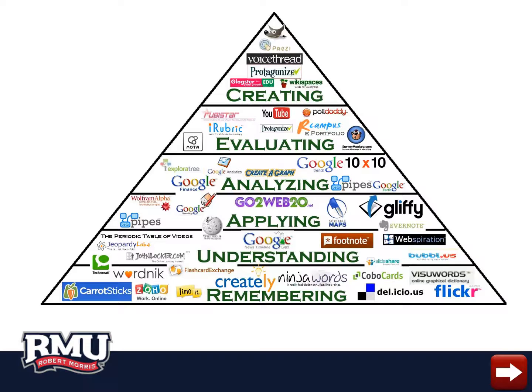We then move to understanding, where we have Webspiration, we have Jeopardy, we have the periodic table of videos, which is using that knowledge that you created and remembering at a higher level, and progressively going to applying, analyzing, evaluating, and creating. And with each, as we move up, there are examples of internet and web-based tools for educators.